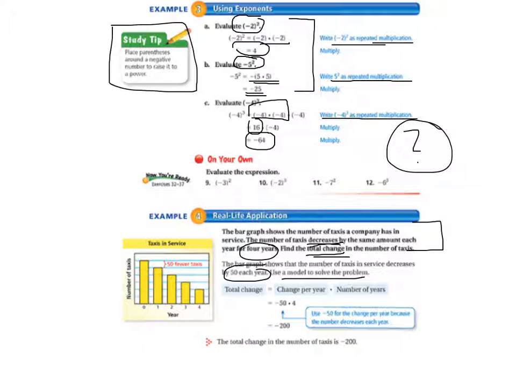So it's negative 50 times 4. So negative 50 times 4, 50 times 4 equals 200, and a negative times a positive equals a negative. So our total change in the number of taxis is negative 200.